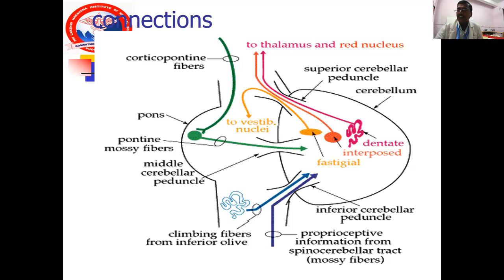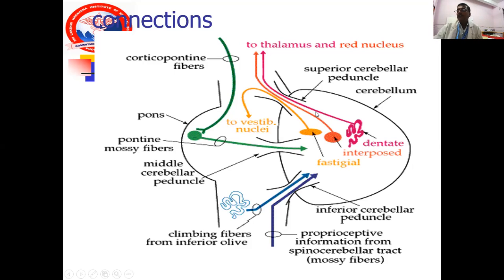And proprioceptive information from the spinocerebellar tract, carried by the mossy fiber, enters the cerebellum via the inferior cerebellar peduncle. And the pontine impulses carried by mossy fiber through the superior cerebellar peduncle, as well as the corticopontine fibers, which will synapse with the pons, which will communicate to the cerebellum.